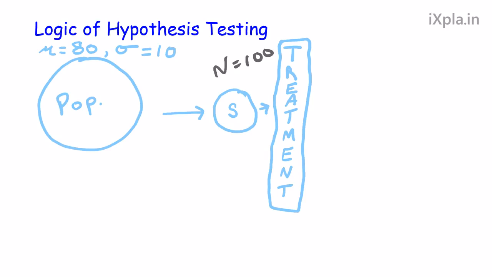What do you expect them to get? That's as if the treatment does not work. If it didn't work, you would expect them to give you a score of 80 because that's what the population mean is. We took a fairly large sample, and if the treatment doesn't work, we'd expect that sample mean to be the same as the population mean.